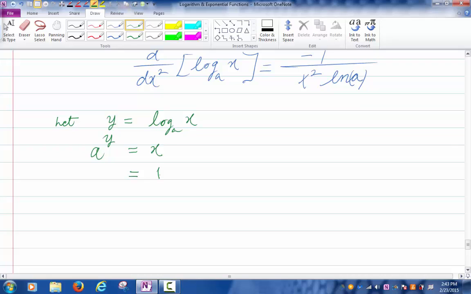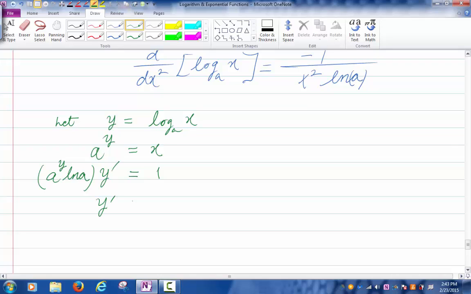What's the derivative of a to the y? Remember the derivative of a to the x? It was a to the x ln of a. So the derivative of a to the y is a to the y ln of a. However, am I done? I am taking the derivative with respect to x, not y, so I have to multiply by y prime.